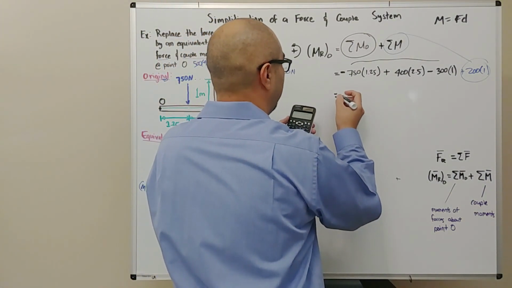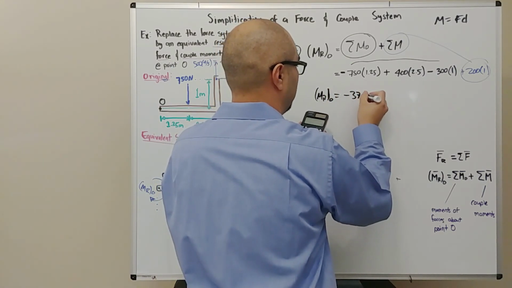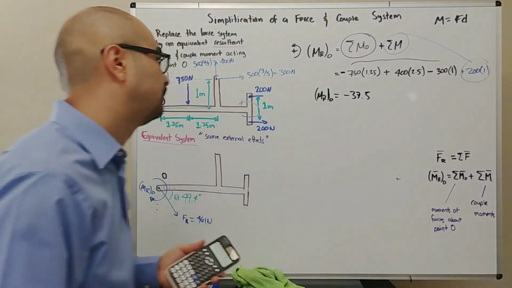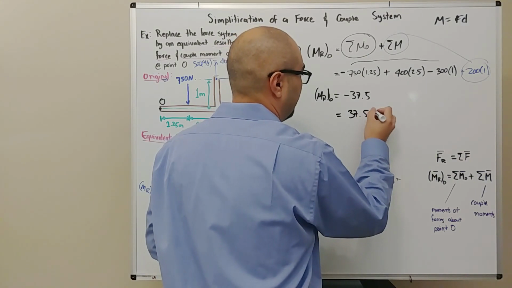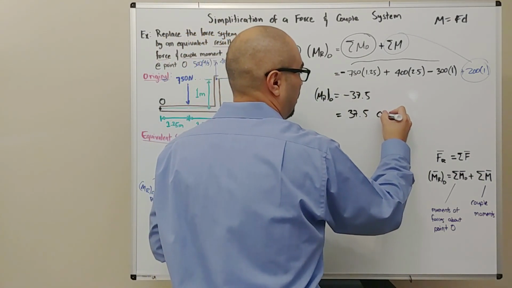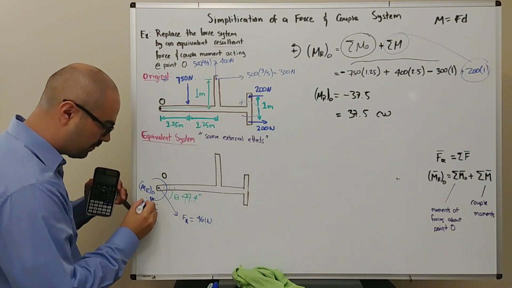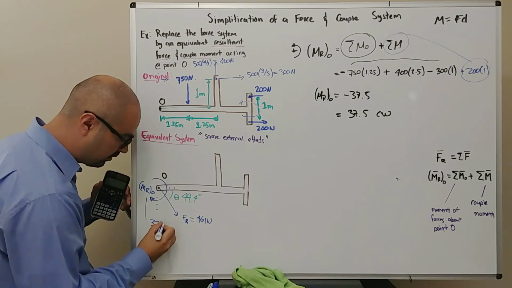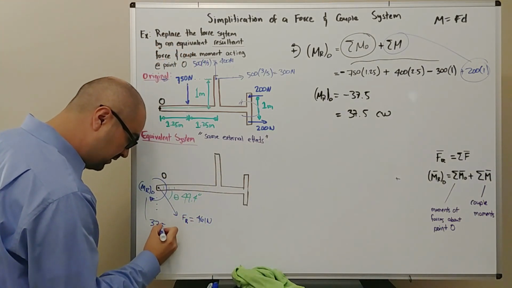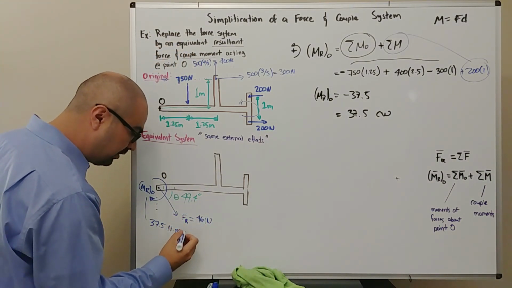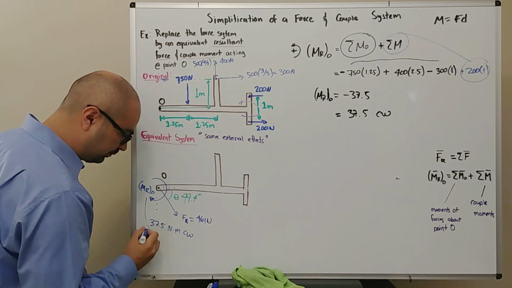If I plugged it in correctly, this is telling me that the resultant moment about O is minus 37.5. Minus means that is going to be a clockwise moment. Remember the units here, we have newtons and meters, so 37.5 Newton meter, and it was a negative moment, so it was clockwise, CW.